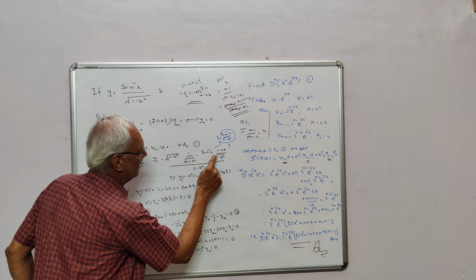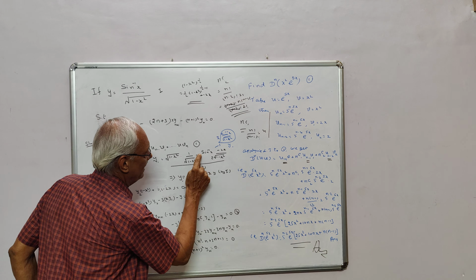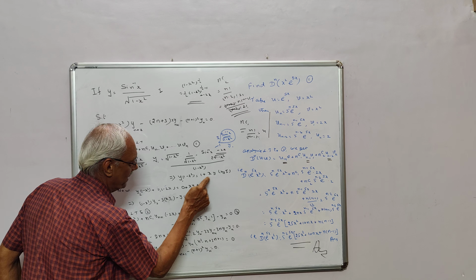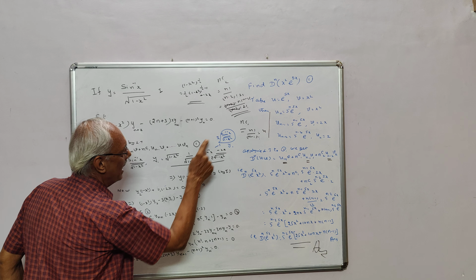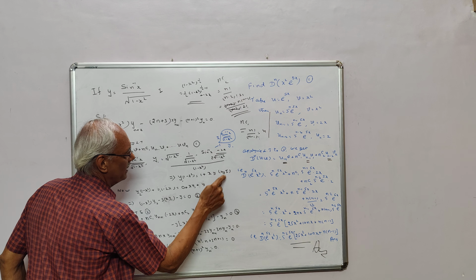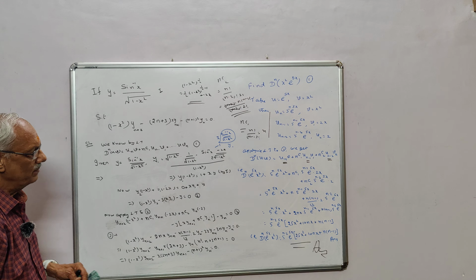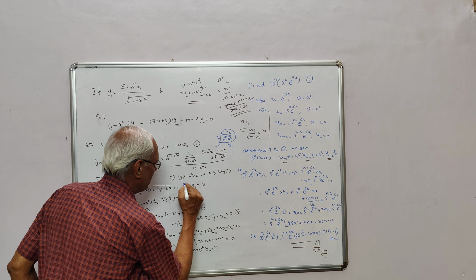So in this place I will write sine minus 1 of x as y. These two will get cancelled, giving you y1 into 1 minus x squared is equal to 1, minus into minus will make it plus, and this x is here and this I am identifying as y. So what is the ultimate result that you get? This is what you get.